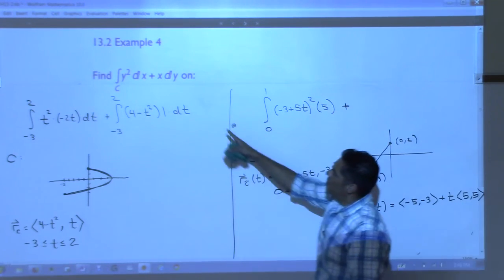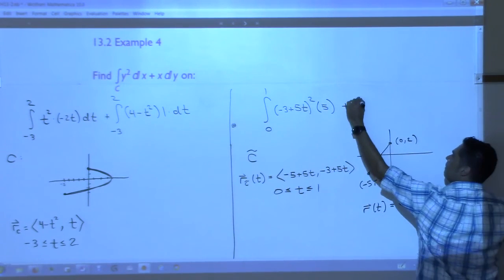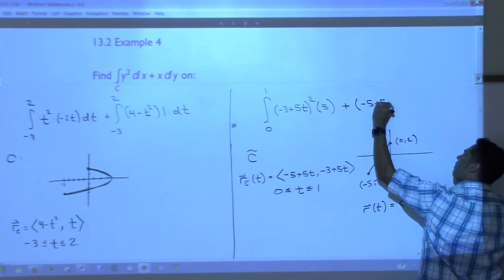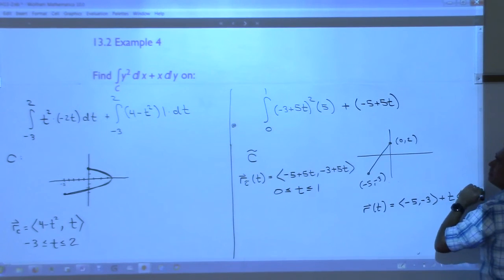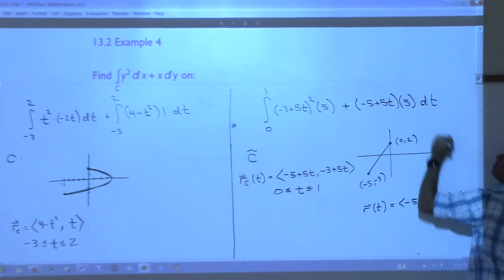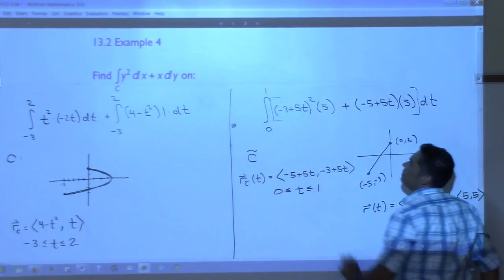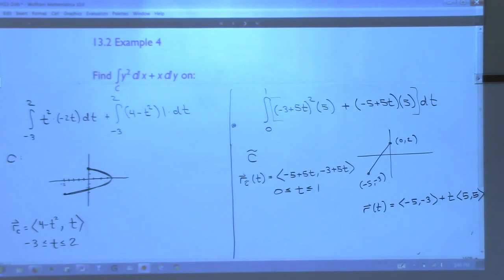Plus, now you're going to do x dy. So x times dy, 5, and then this one dt still. So that's that whole thing dt. There we go.